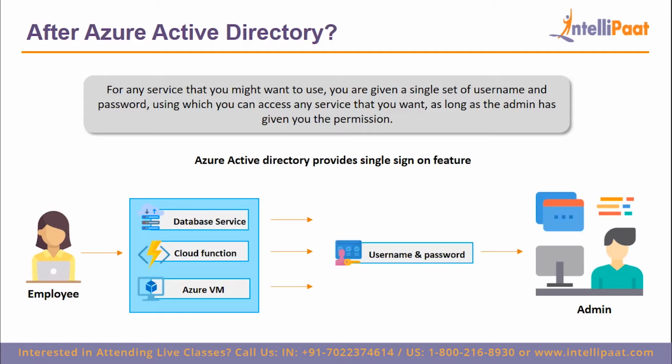Windows Active Directory was not designed to handle web-based services or information related to web-based services, right? That was one major drawback which led Microsoft to come up with another Active Directory service, called Azure Active Directory, for all the users that were now using the cloud platform. So even though Windows Active Directory and Azure Active Directory come from the same root, that is Microsoft, they still have many significant differences.